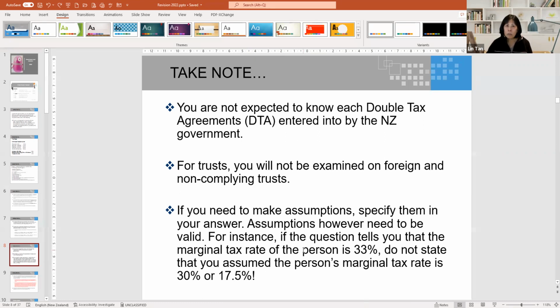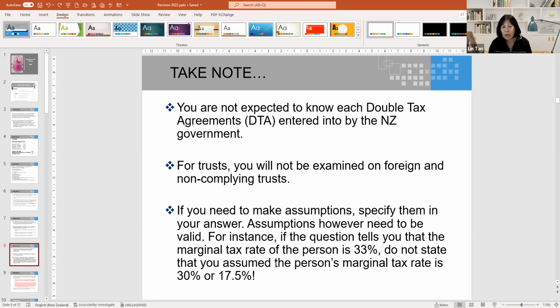And what I meant by valid assumption is, for example, sometimes the question already tells you the person's marginal tax rate. So if it's already mentioned that the person's marginal tax rate is 33%, don't go and assume in your answer that the person's marginal tax rate is other than 33%.